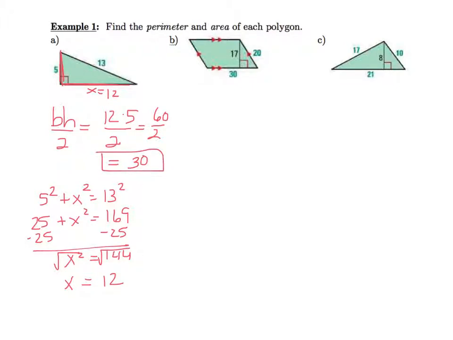It also asks for my perimeter, so we'll do that in blue. It's just adding up all the sides. So 12 plus 13 plus 5 equals 30 also. So my perimeter is actually the same as my area. That's kind of ironic.